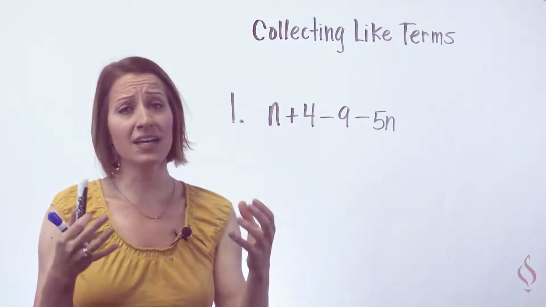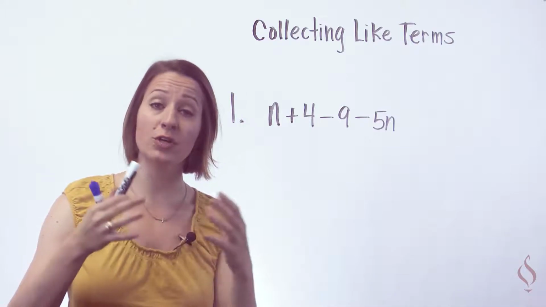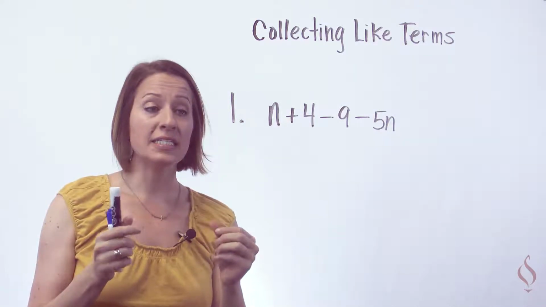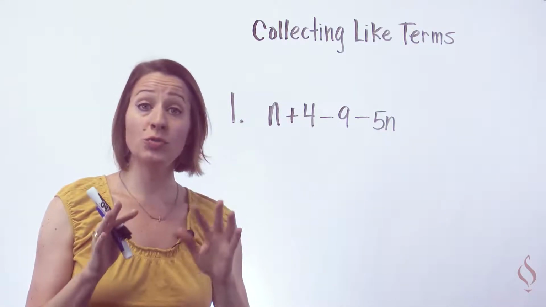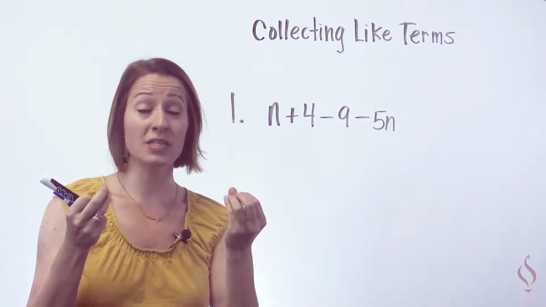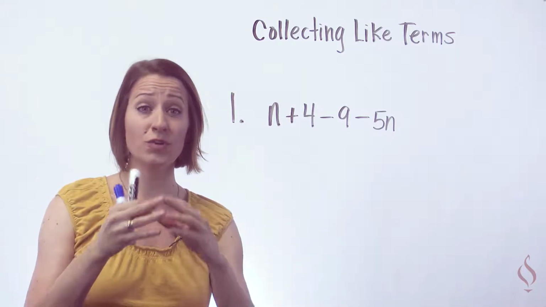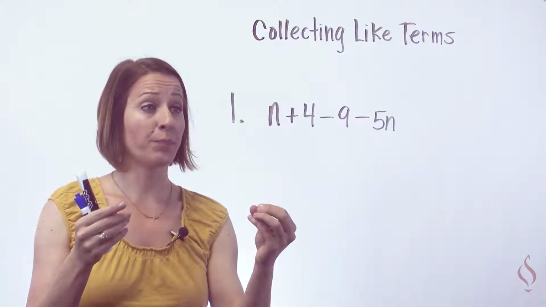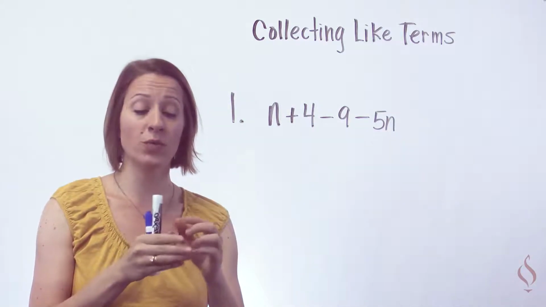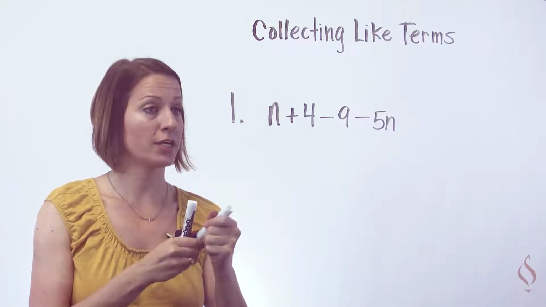Okay, so this idea of collecting like terms or combining terms is if you have two or more terms that are the same or similar from the same family, we can combine them into one. So let me show you what I'm talking about.